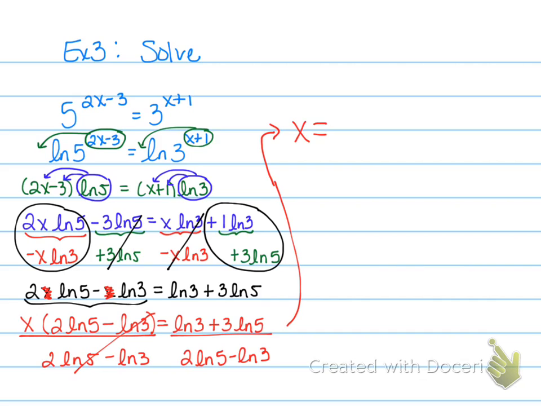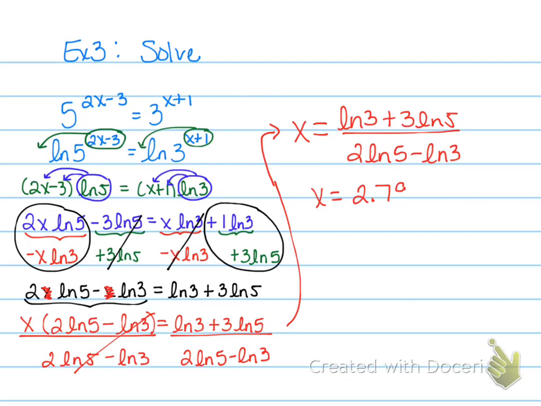So we have x is equal to the natural log of 3 plus 3 natural log of 5 over 2 natural log of 5 minus the natural log of 3. If I copied that correctly. Yes, I did. Alright, and so just be really, really careful putting this in your calculator, but if you put it in correctly, you should get approximately 2.795.